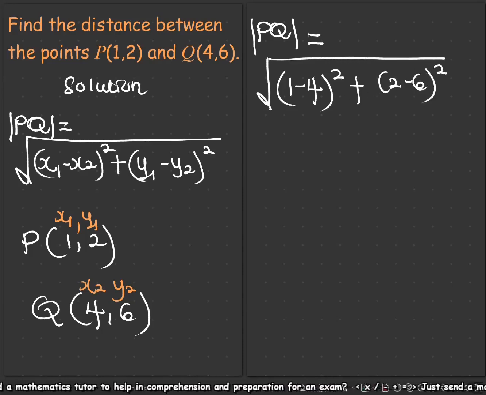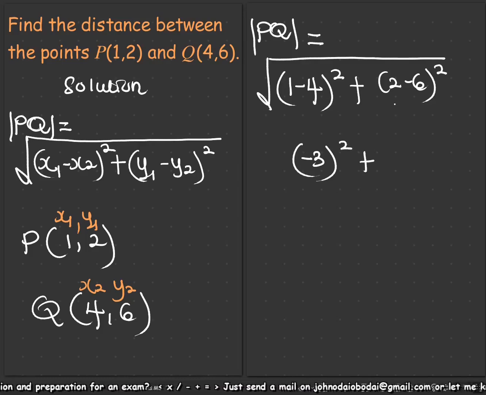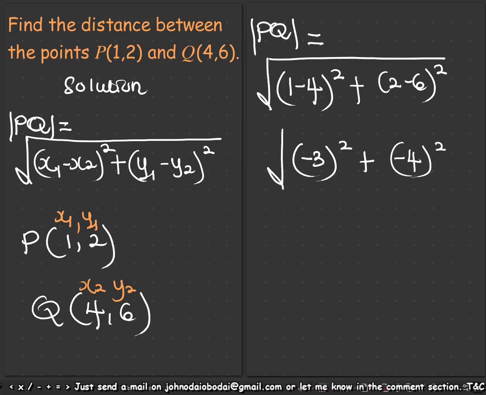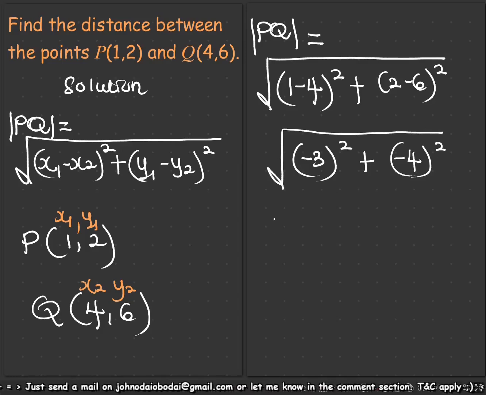So if we have to evaluate now, we are going to get 1 minus 4, which gives us negative 3. So negative 3 squared plus 2 minus 6, which is also negative 4 squared, with your square root as well. And we know negative 3 squared gives us what? 9.